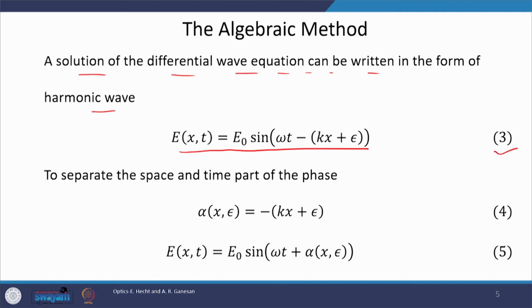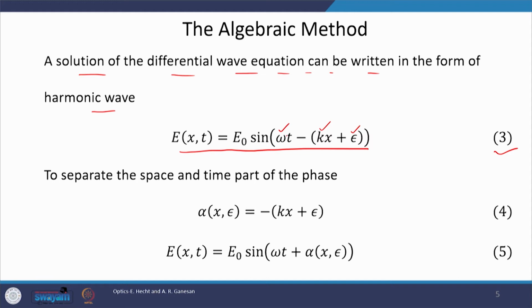E naught is nothing but the amplitude, k is our wave vector, omega is the angular frequency, and epsilon is the initial phase, any initial phase. This is the general solution of the wave equation 1.